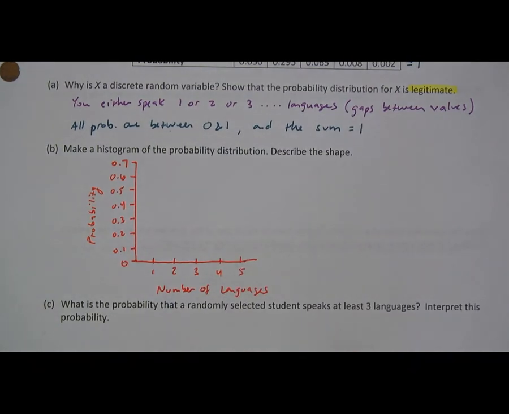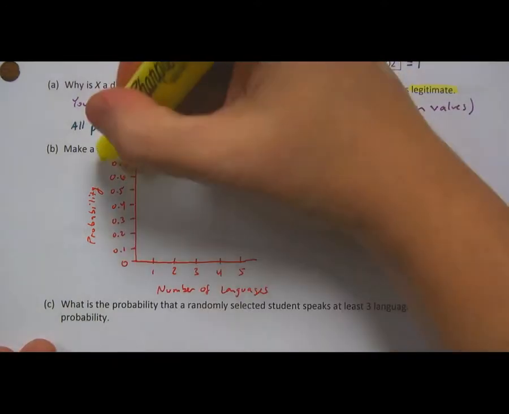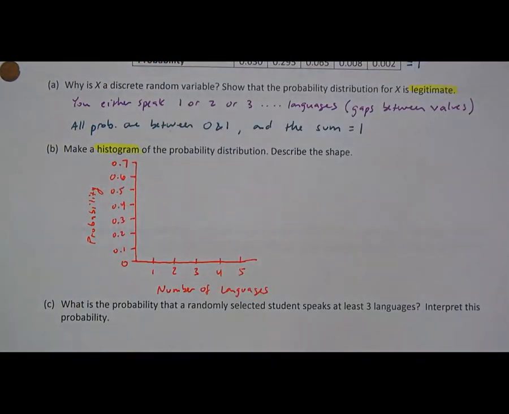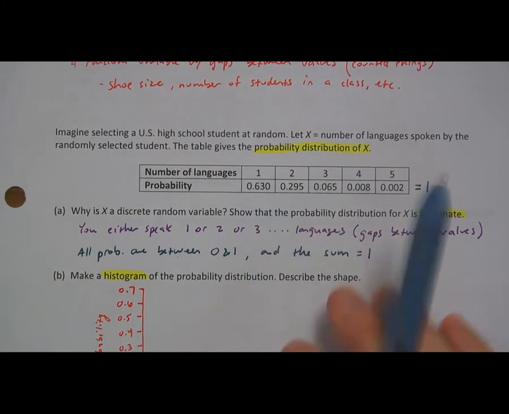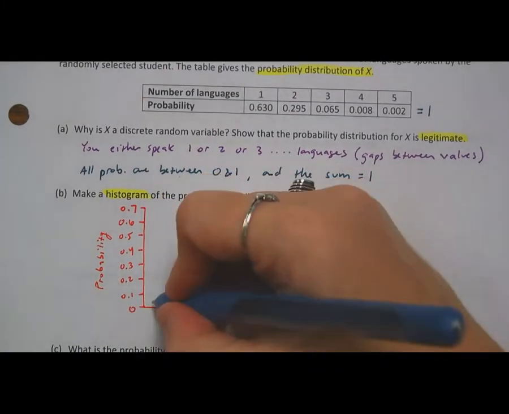Okay, now histogram. I haven't seen these in a while. The bars are going to be touching, but listen really closely. Because we're dealing with a discrete random variable, you're going to actually center the bar. Like I'm going to center the bar for 1. I'm going to go up to 0.630, but I'm going to center the bar over that value of 1.